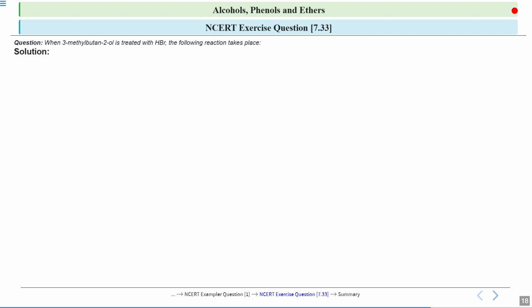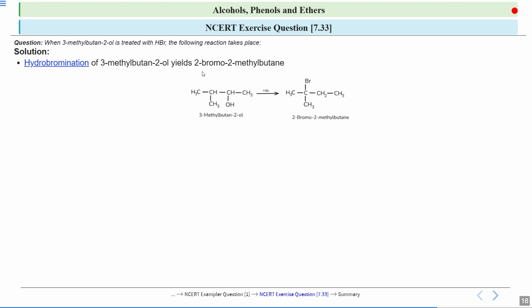Okay, students. So let's see the solution. So what is happening? In this particular reaction, hydrobromination of 3-methyl butane 2-ol. So you can see initially our reactant was 3-methyl butane 2-ol. So hydrobromination is happening and this 3-methyl butane 2-ol is yielding 2-bromo 2-methyl butane. Okay. So this was our initial reactant.